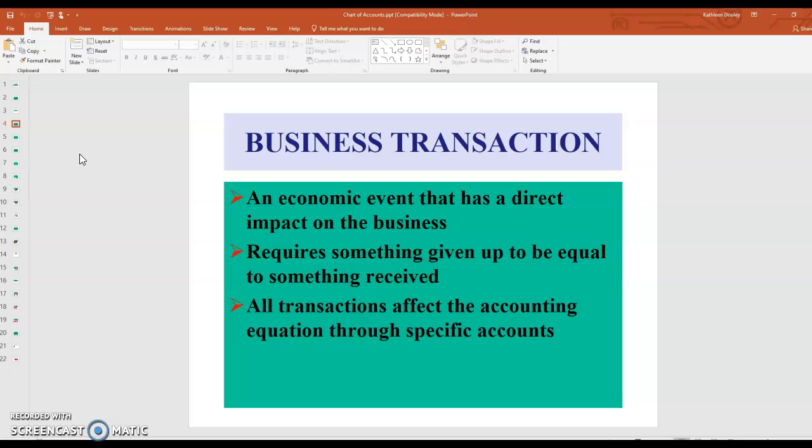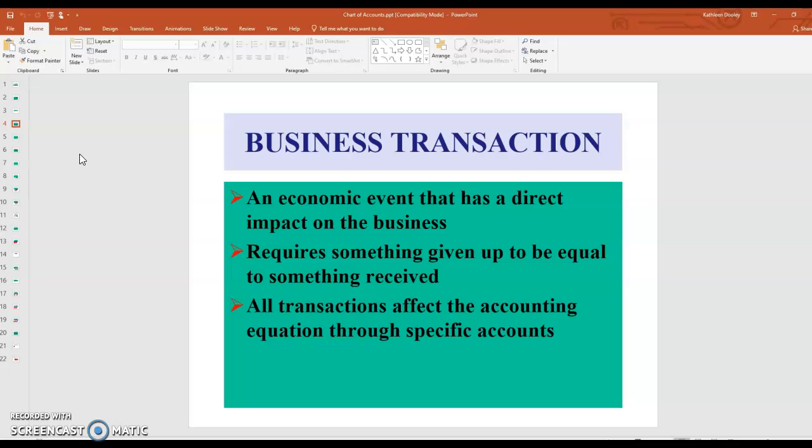Now, when we take a look at a business transaction, we've already separated out anything to do with the personal aspect, and we're only looking at the business aspect. What is a business transaction? It's an economic event that has a direct impact on the business itself.